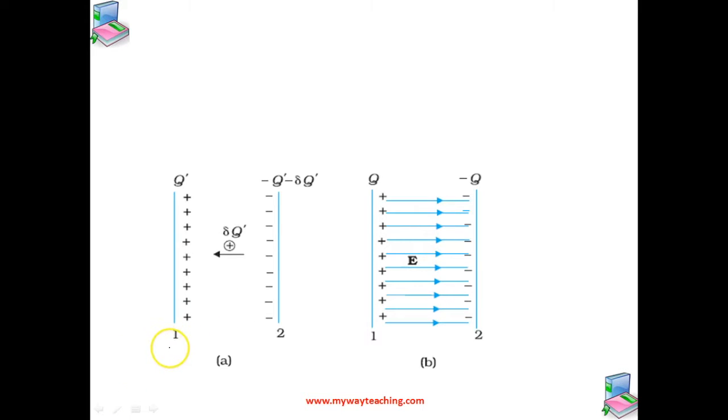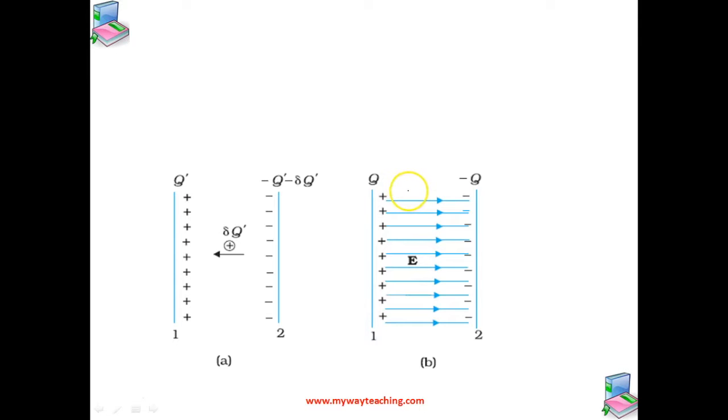So initially consider two uncharged conductors 1 and 2 and imagine next a process of transferring charge from conductor 2 to conductor 1, bit by bit, so that at the end conductor 1 gets charge Q. By charge conservation, conductor 2 has charge minus Q at the end, as you can see in these figures.